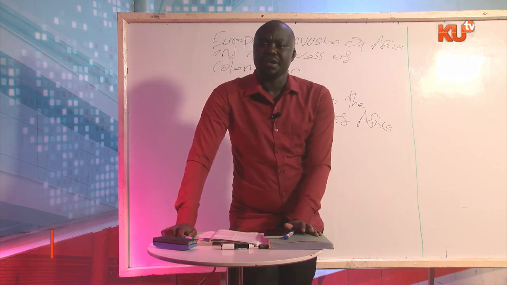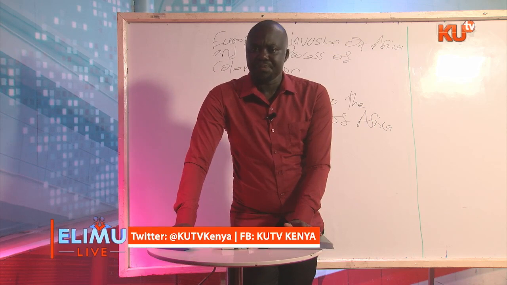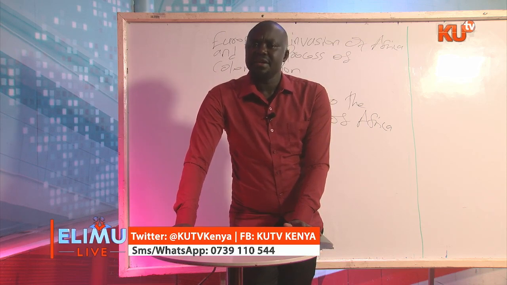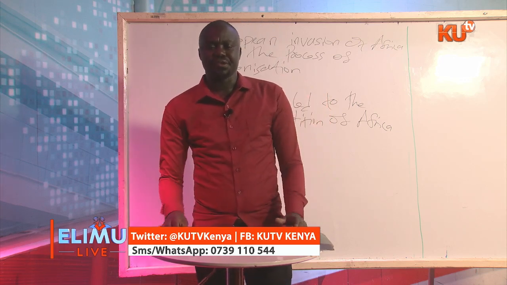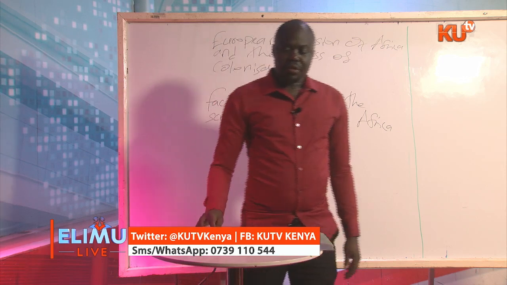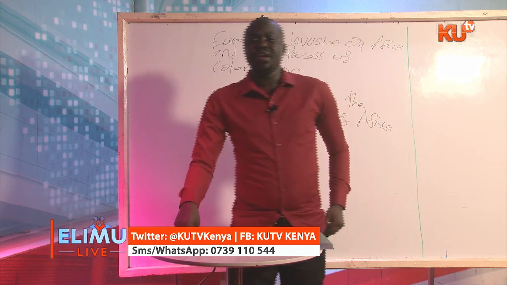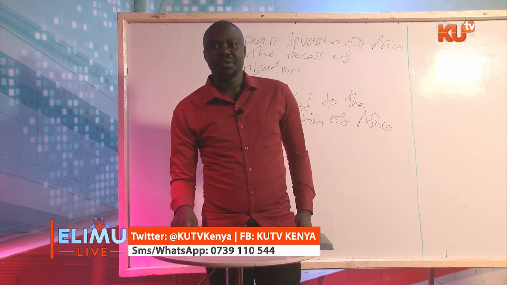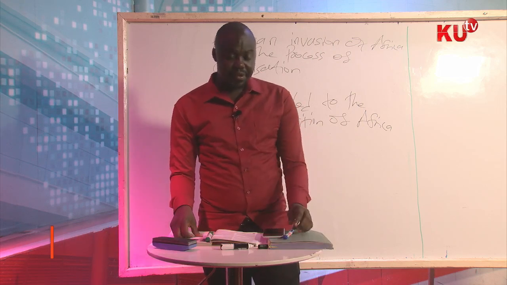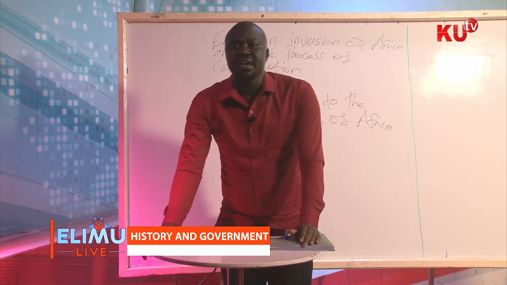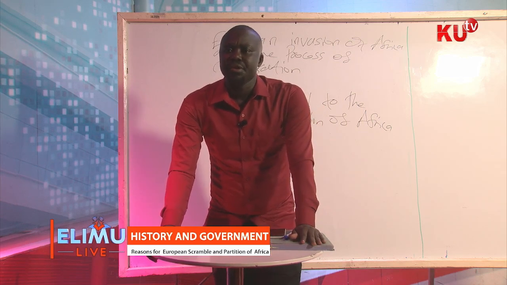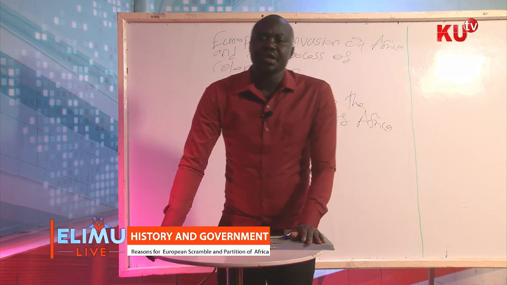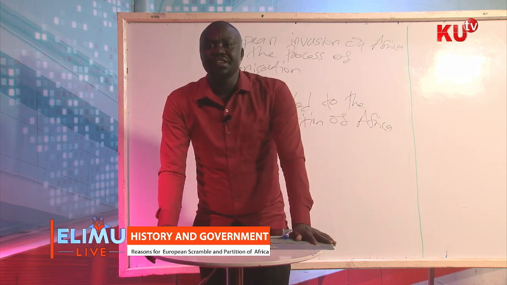Not all parts of Africa were productive for the Europeans, but some were strategic than others. Why? I will explain in a few, starting with the first point, the Egyptian question. Now, the French, with their engineers, especially Ferdinand de Lesseps, had carved out the canal called Suez Canal. Now, Suez Canal was an entry to Europe, and it was also the gateway into the Middle East and Far East.